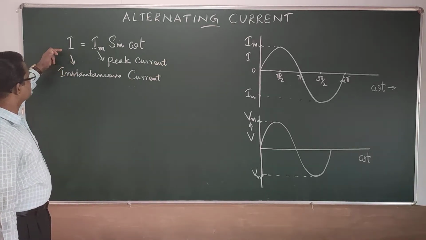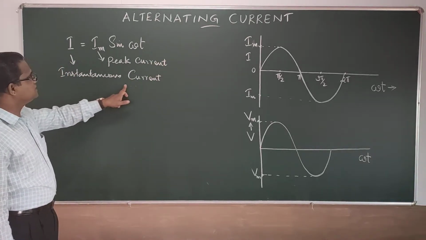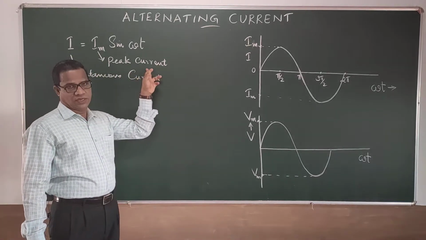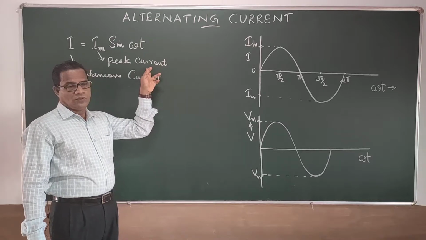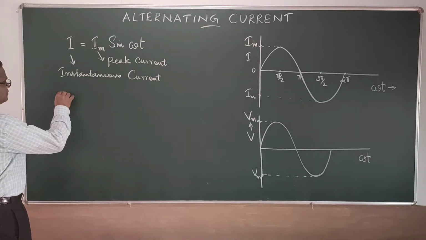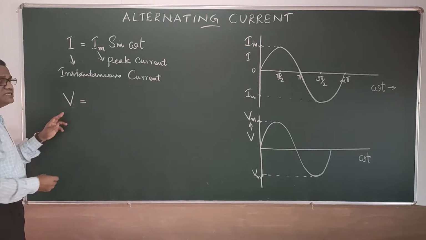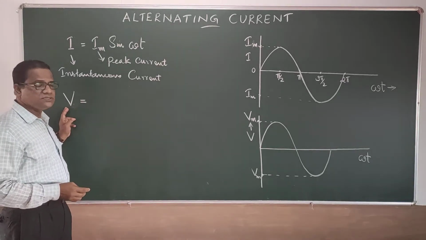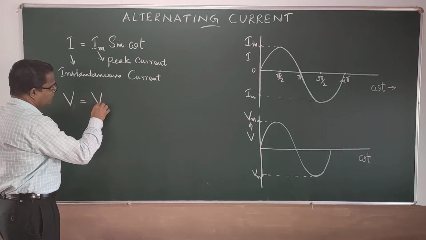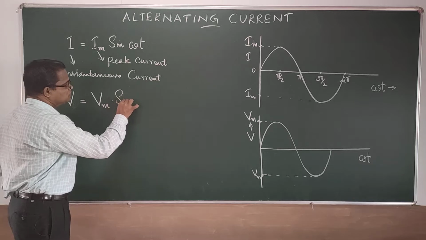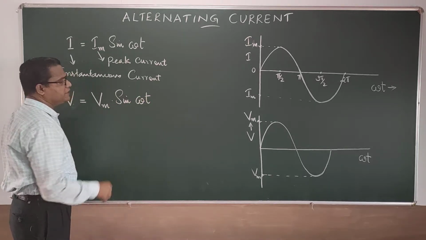So these are the two terms: one, instantaneous current, and the other, peak value of current. Like that, for the voltage we can represent it as V equal to Vm sine omega t, where V is the instantaneous value of voltage and Vm is the peak value.